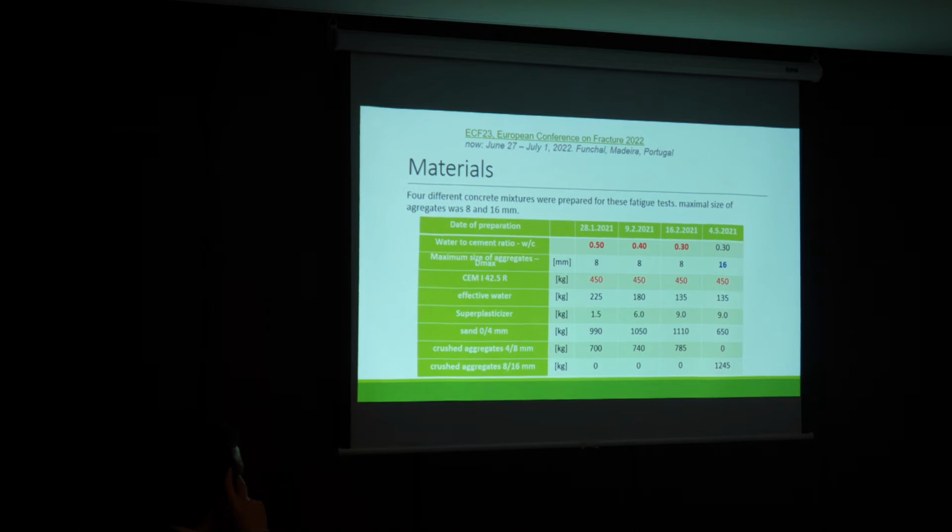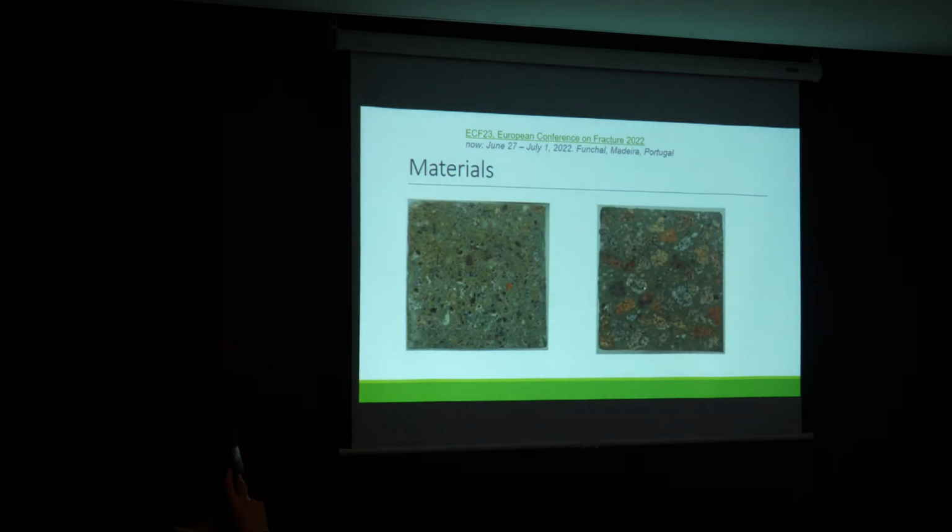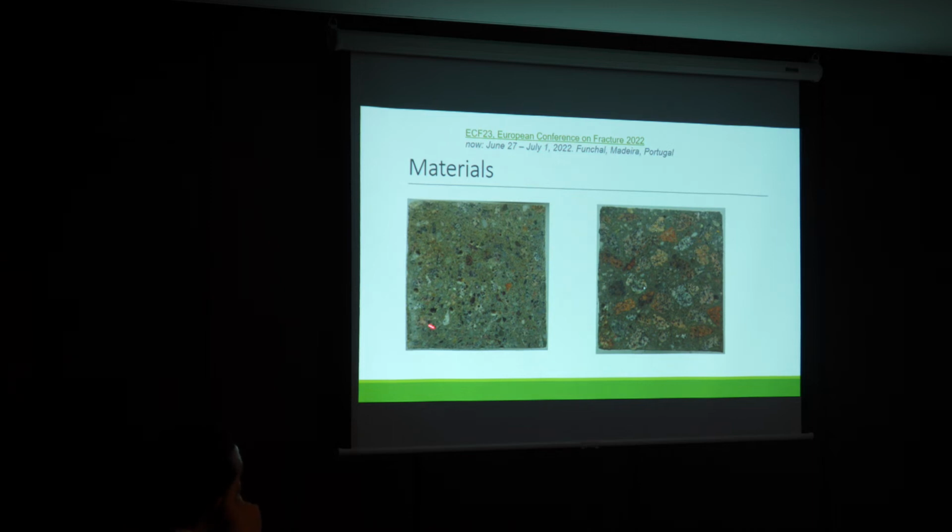Crushed aggregate of sizes 4 and 8 is added. Okay, now we have all 4 kinds of materials, which differ in water and aggregates. Here you can see, only for illustration, a beam 80 times 80, with aggregate up to 8 millimeters, and then double the size of aggregate.